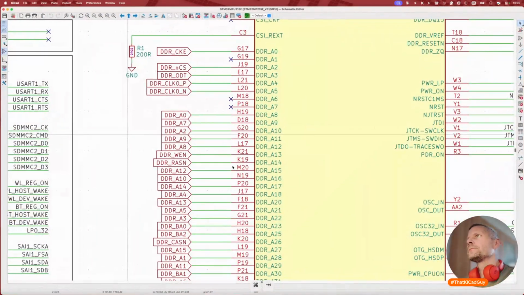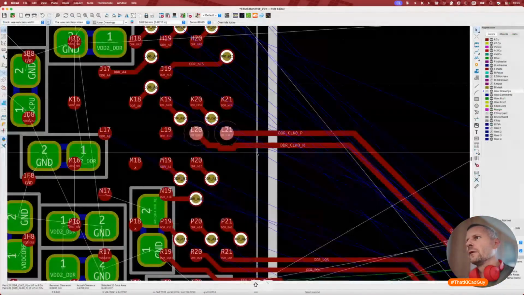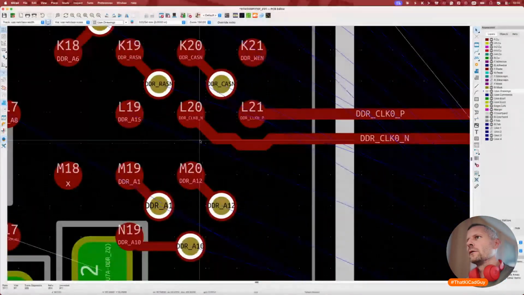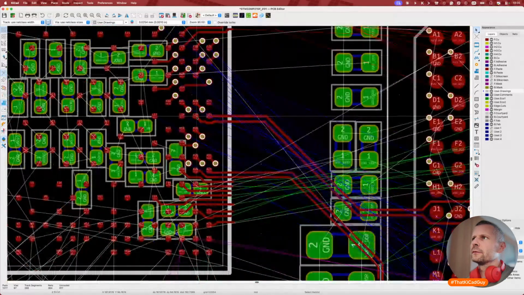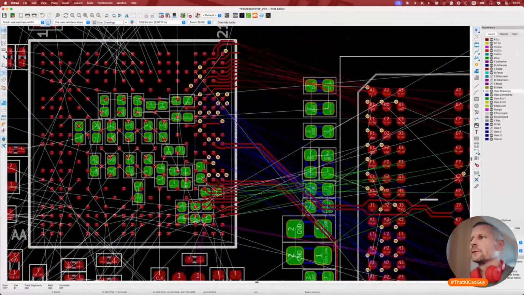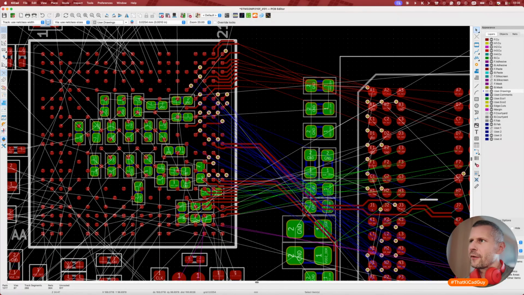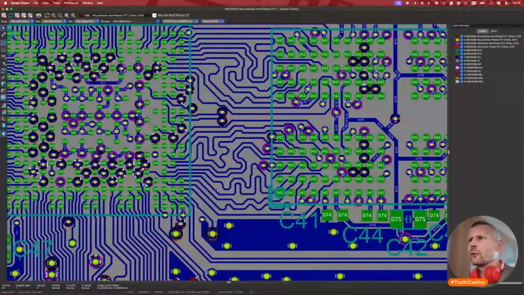Again, here are our clocks. 1, 2, 3, 4. There is a gap. There are 2, like a small gap, and then the clocks. 4 gap, 2 small gap.